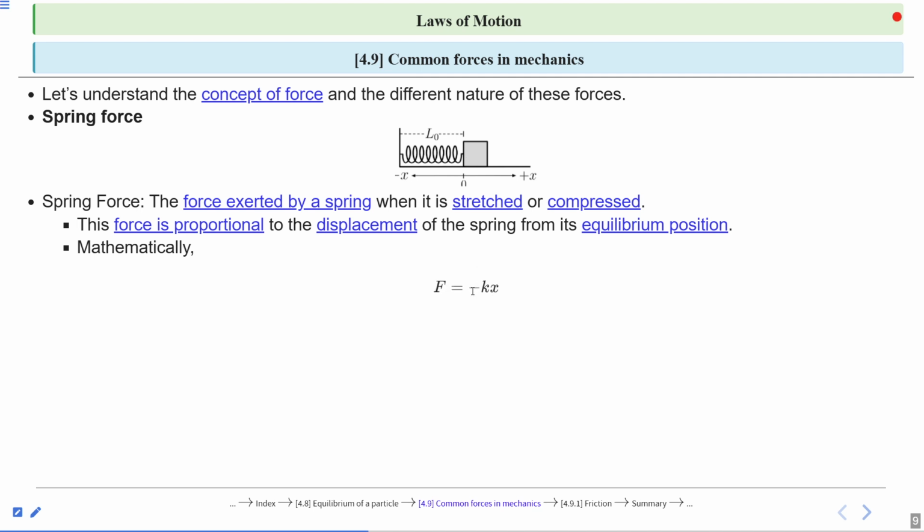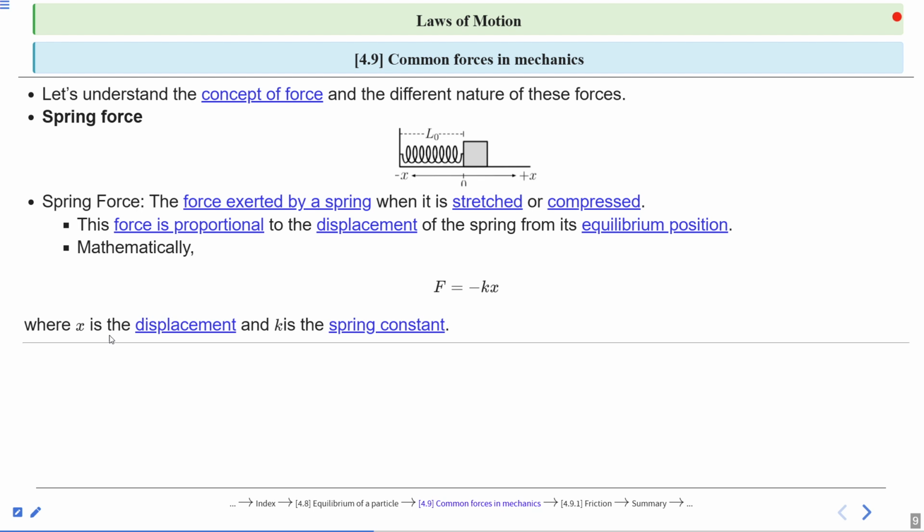So F is equal to minus kx. This is Hooke's law. F is equal to minus kx, where x is the displacement and k is the spring constant. So this is Hooke's law. Clear?